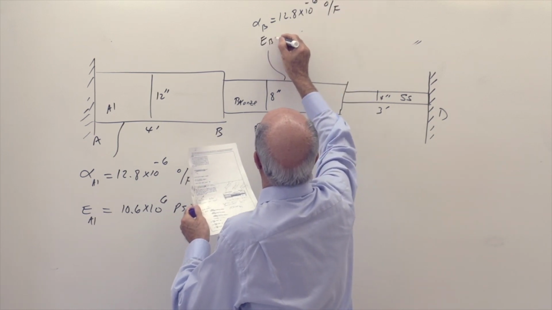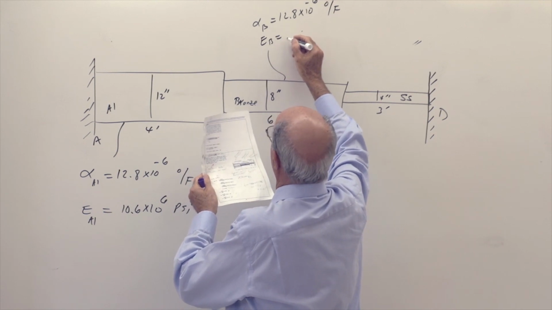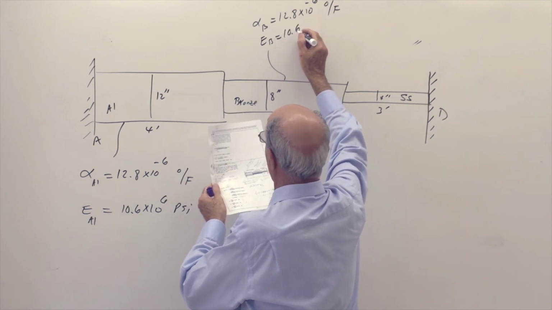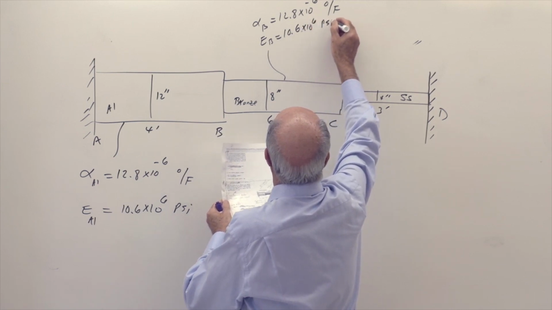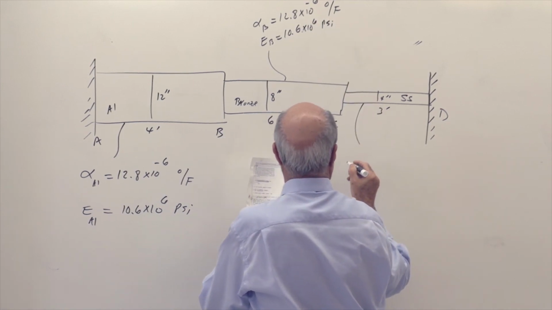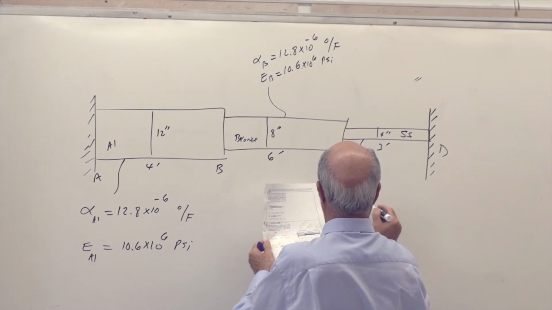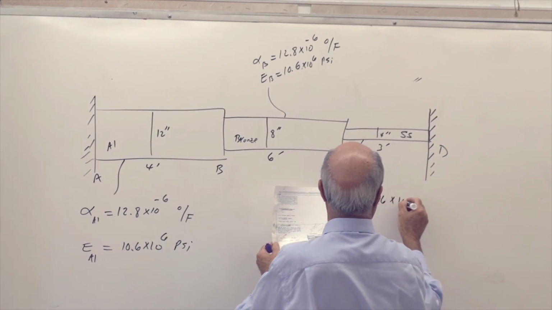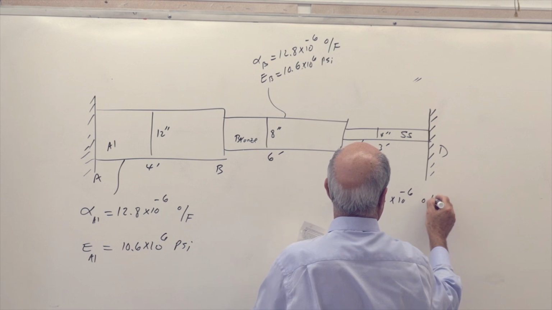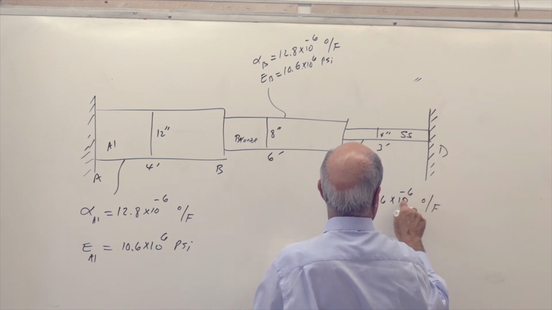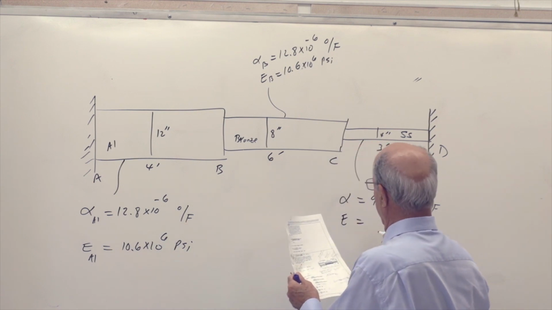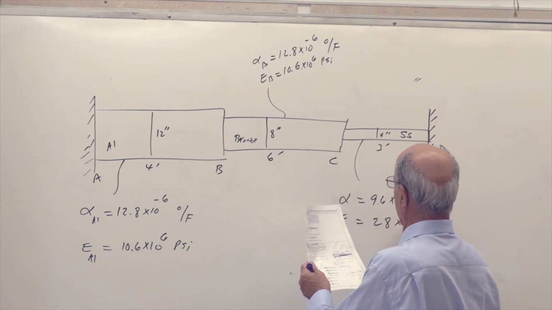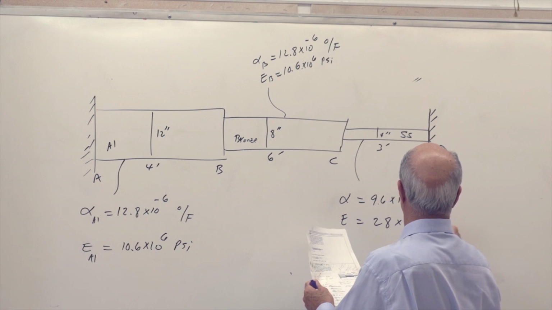E of the bronze is given equal to 10.6, it's almost the same, times 10 to the power of 6 psi. And finally, alpha of the stainless steel is 9.6 times 10 to the power of minus 6 per degree Fahrenheit, and also E, which is 28 times 10 to the power of 6 psi.